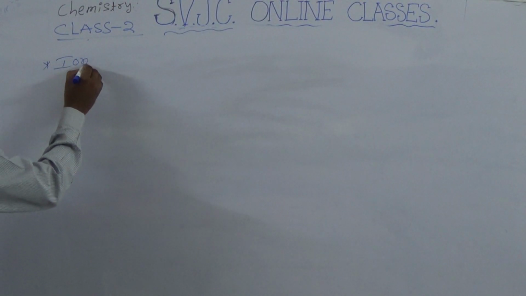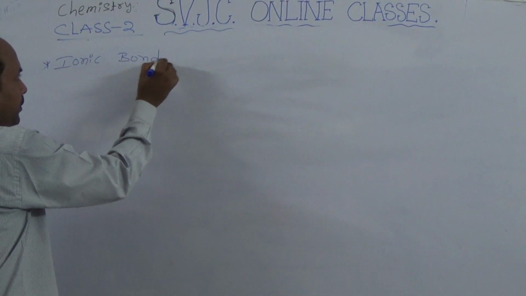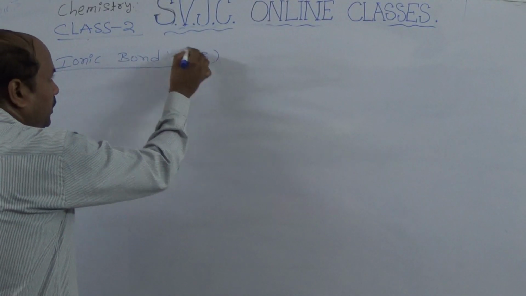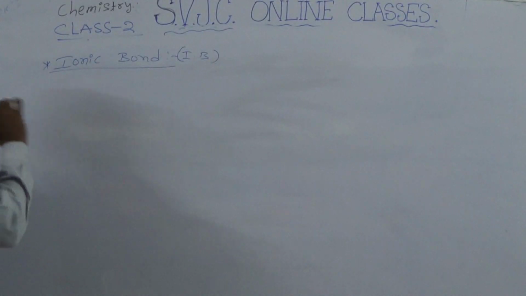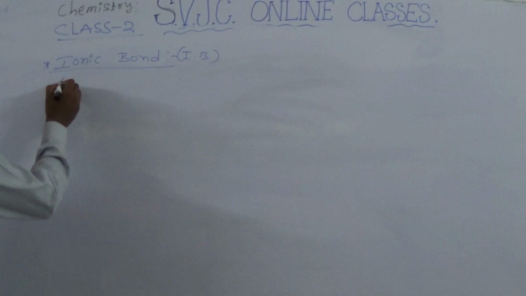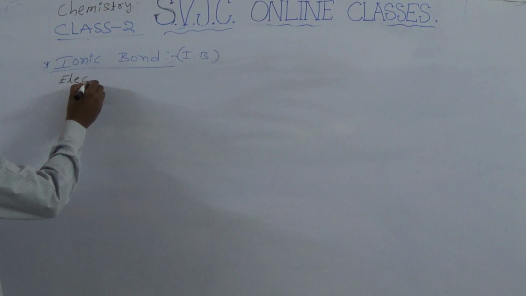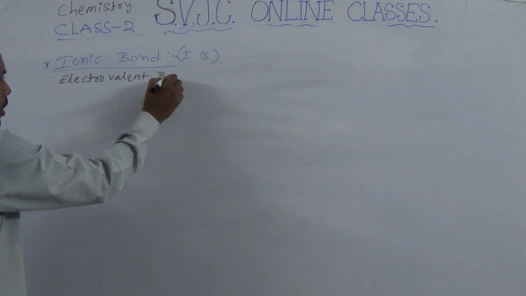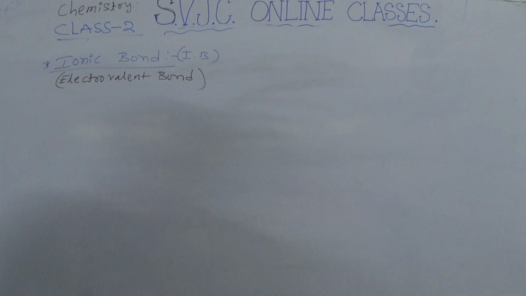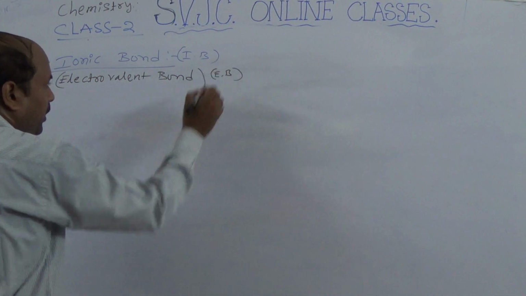Next topic is ionic bond. Ionic bond is also called electrovalent bond, that is EB.